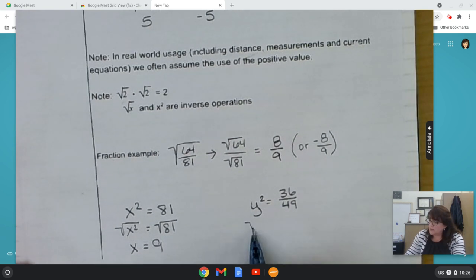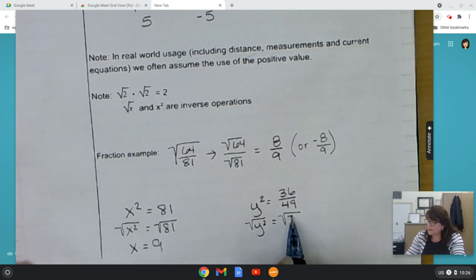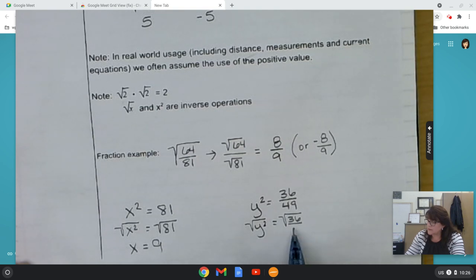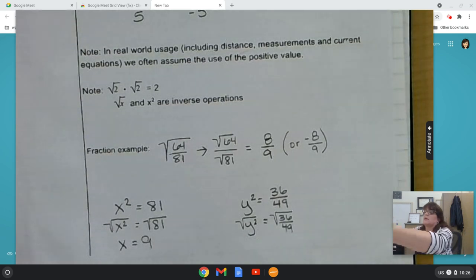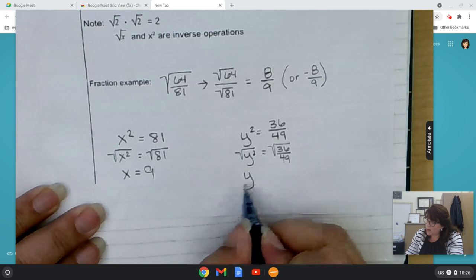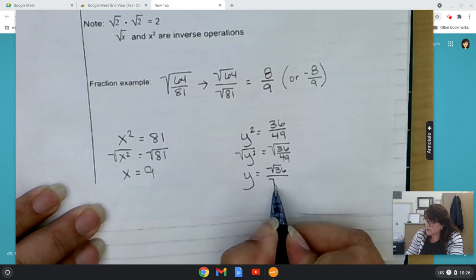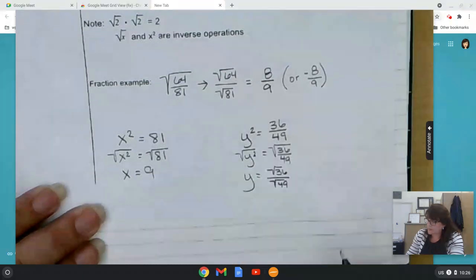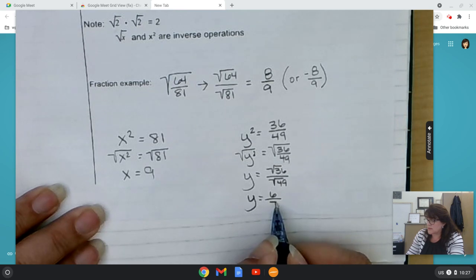Well, the square root of y squared is going to be y. We need to isolate y. So y equals the square root of 36 over the square root of 49. Y equals 6/7.